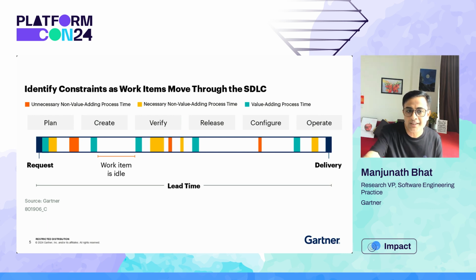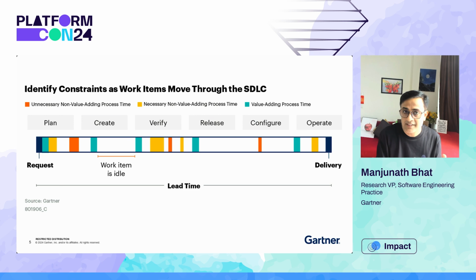The first is what you're seeing on your screen right here, which is as work items move through the SDLC and work flows across multiple phases of the SDLC, you'll find that there are constraints that surface in numerous ways. For instance, you might think of a constraint as developers having to wait on product owners or developers waiting on designers. That's a constraint.